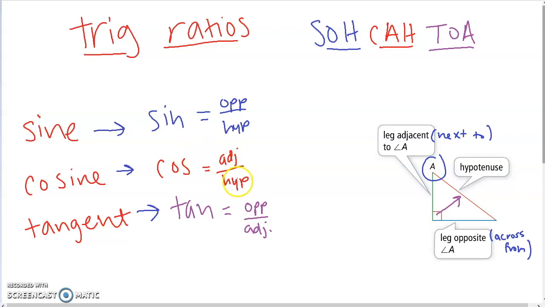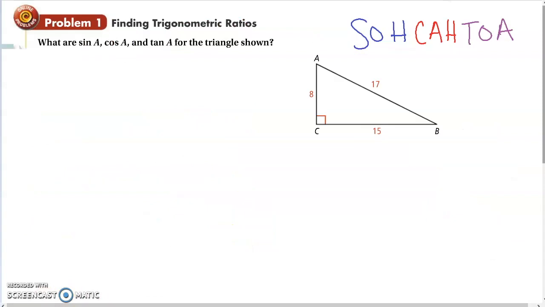Cosine is adjacent over hypotenuse. Tangent is opposite over adjacent. Right now you're probably sitting there thinking, what on earth is he talking about? That made no sense. He's making up words. SOHCAHTOA, that's not even a word. I looked it up in the dictionary. It's not even there. Calm down. It's a lot easier than what you think.